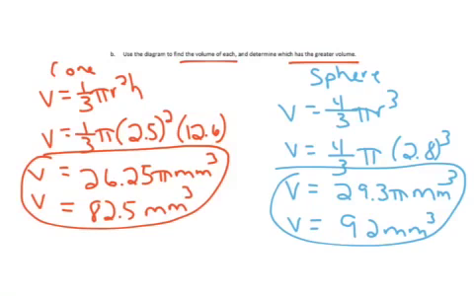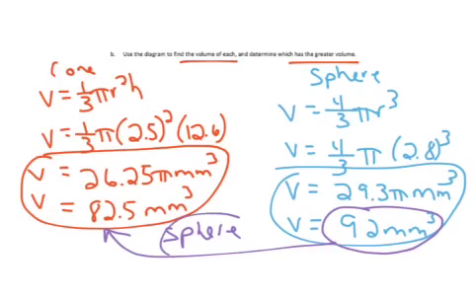So if we compare, it asks which has a greater volume. Well, obviously, it would be the sphere, because 92 is larger than 82.5. So the sphere is the larger shape. So like I said, all you are doing is just comparing your volumes. Plug them into the formula and compare.